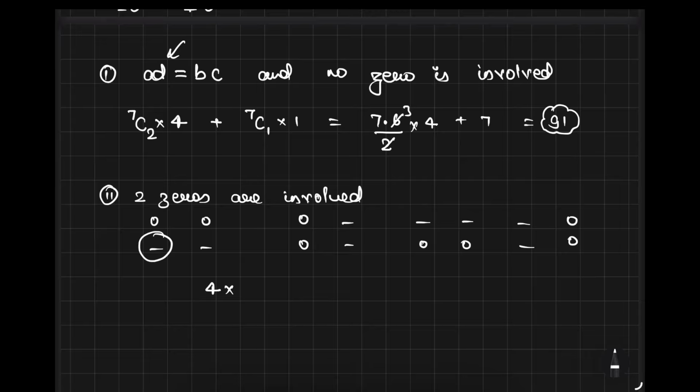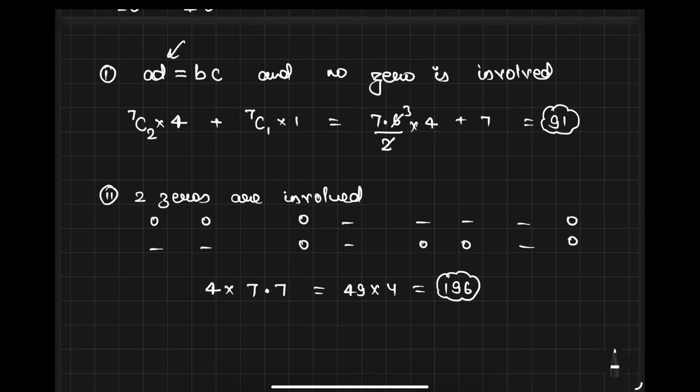Now we have to use a number here, so it would be 7. Here also you have to use a number, and you cannot use 0, so again you have to use 7. Okay, so it is 49 times 4, so 49 times 4 becomes 196.